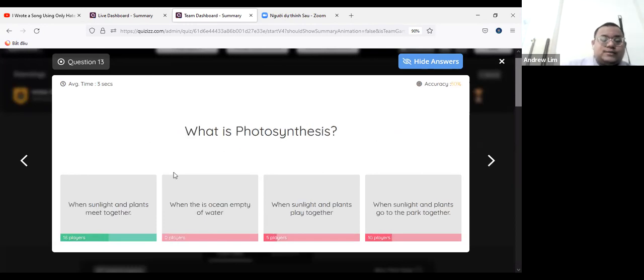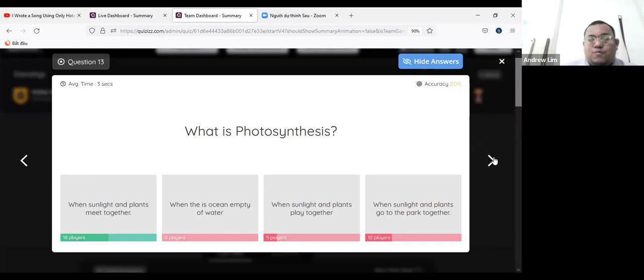So what is photosynthesis? Photosynthesis is where the sunlight from the sun and the plant meet together to undergo a process called photosynthesis. You cannot play together, so definitely sunlight and plant cannot play together.